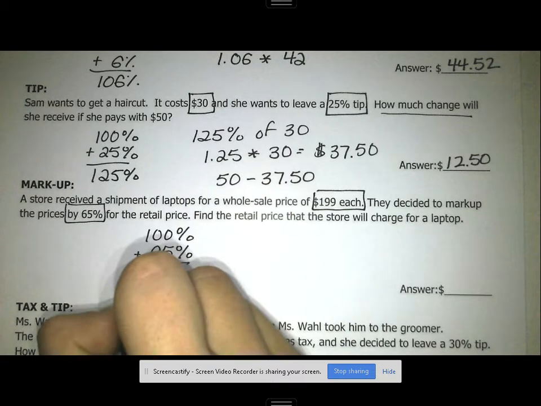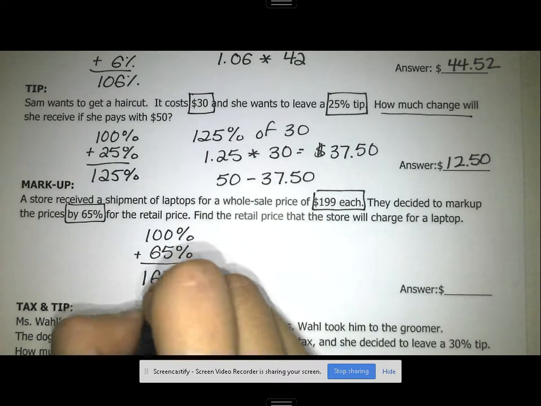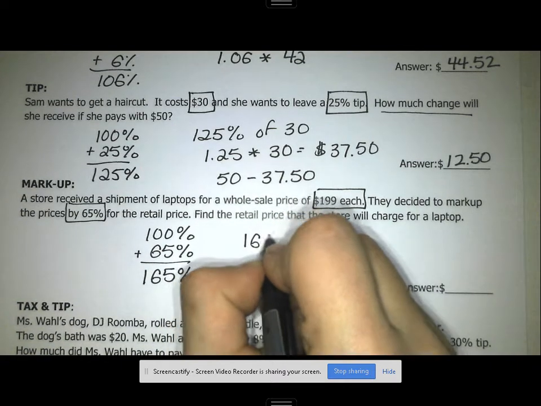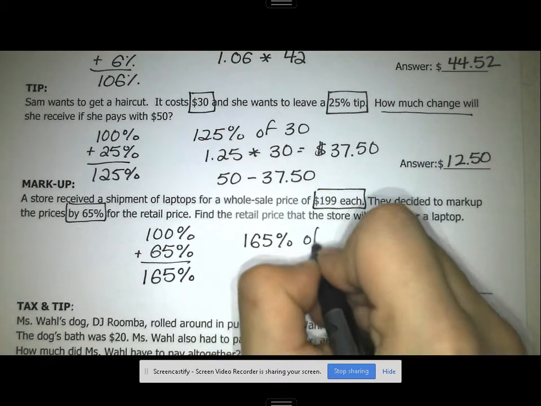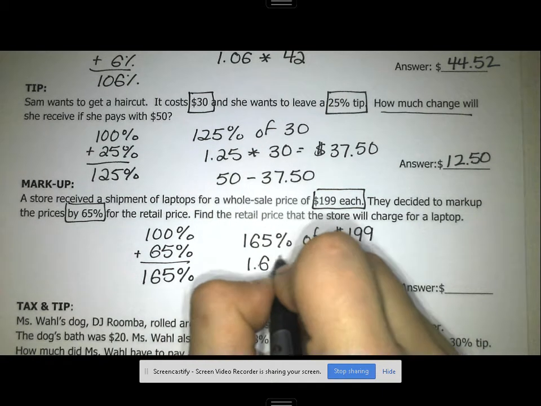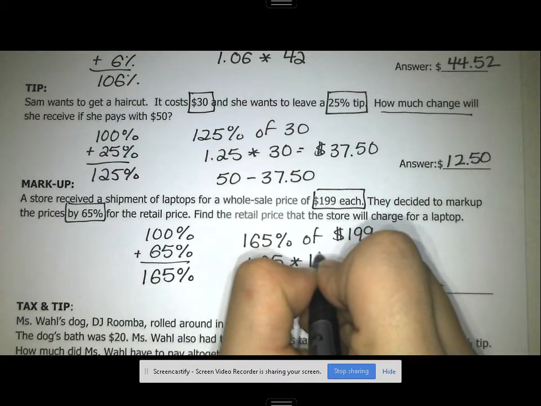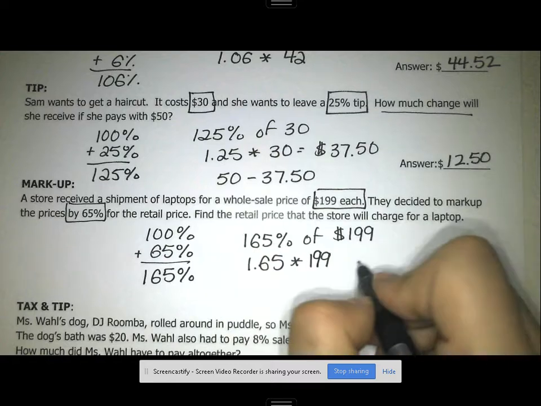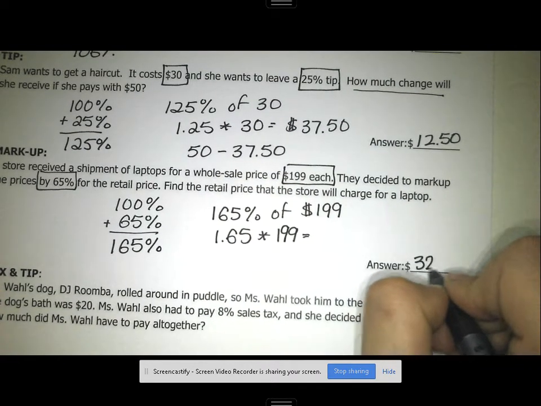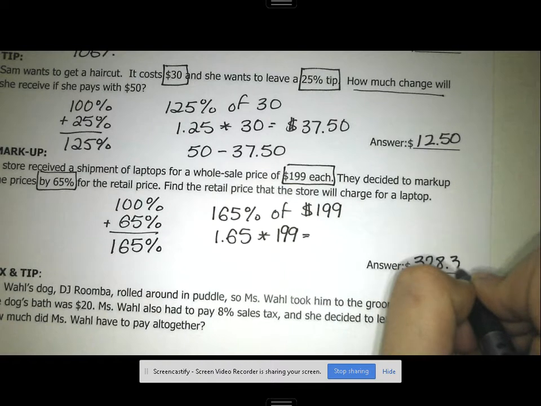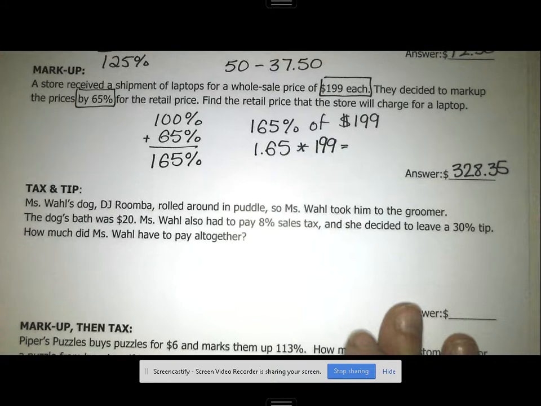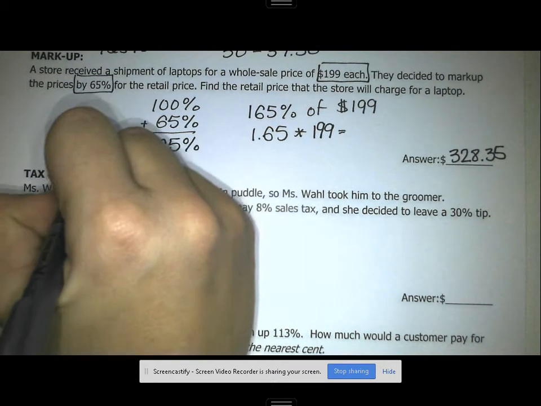So they're going to charge their customers 165% of the cost. So you're going to end up paying 165% of $199. In other words, 1.65 times $199. And if you plug this into your calculator, it comes out to be $328.35.